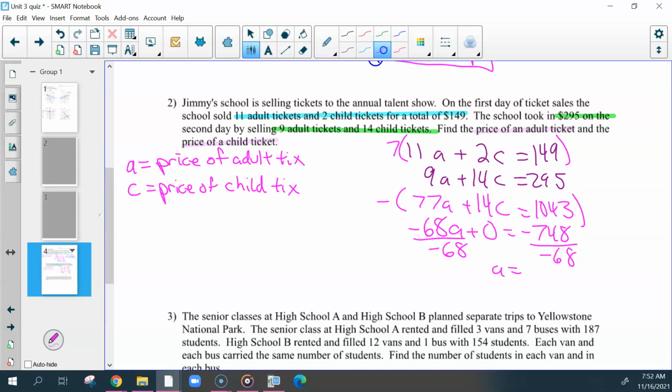So that should have been $11 was our units there. And then you could put that back in to find the price of the trial tickets. Doesn't really matter where you put this.